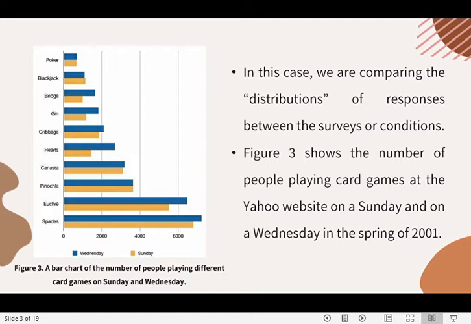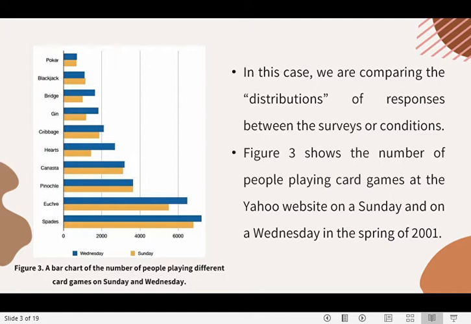More playing of cards is on a Wednesday using spades. The same goes with the euchre card game, which also has an increased number of times it was played on a Wednesday. So this is a kind of graph that shows us a comparison of playing cards on two days, that is on a Wednesday and on a Sunday.